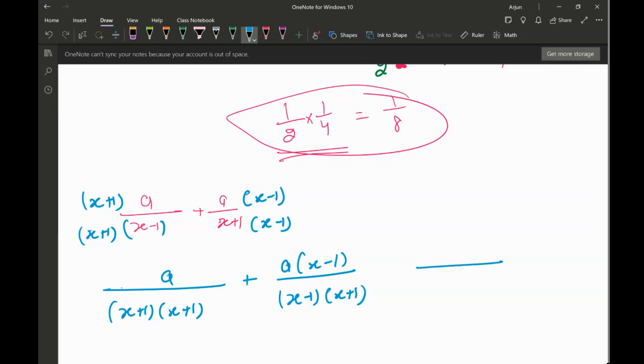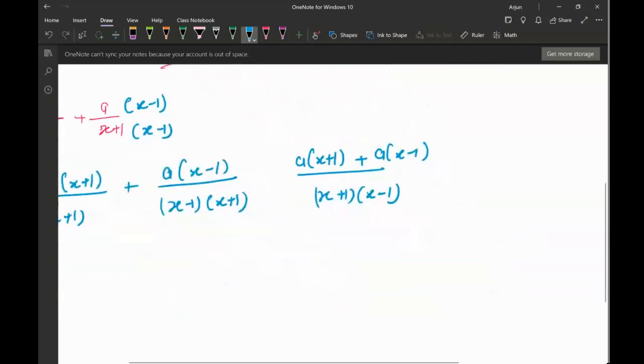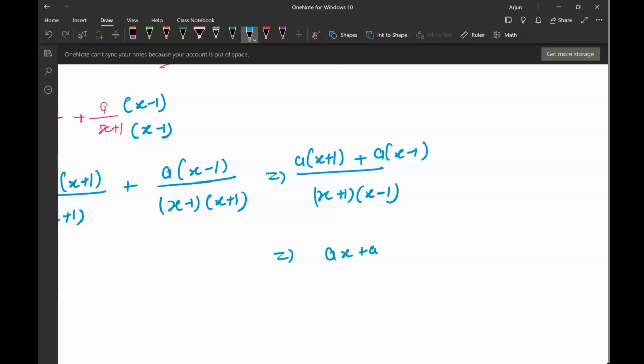Now the base is the same. Here I will write x plus 1, x minus 1. The base is the same, and the top will be a(x + 1) plus a(x - 1). I can open up the top now. So ax plus a plus ax minus a upon x plus 1, x minus 1.